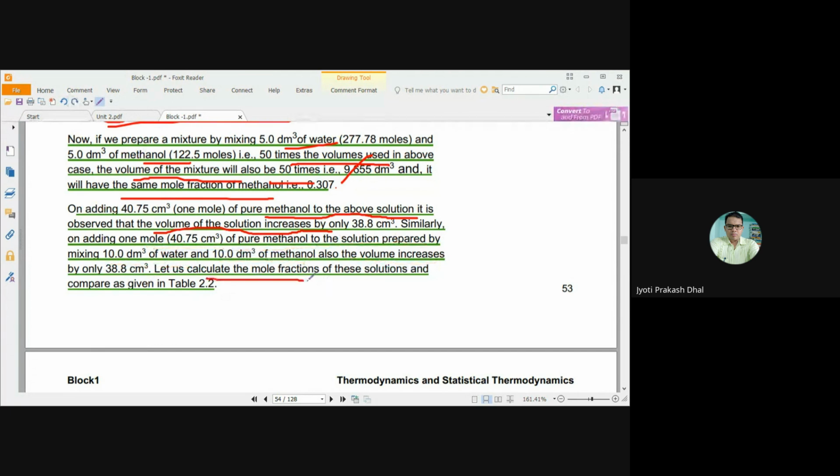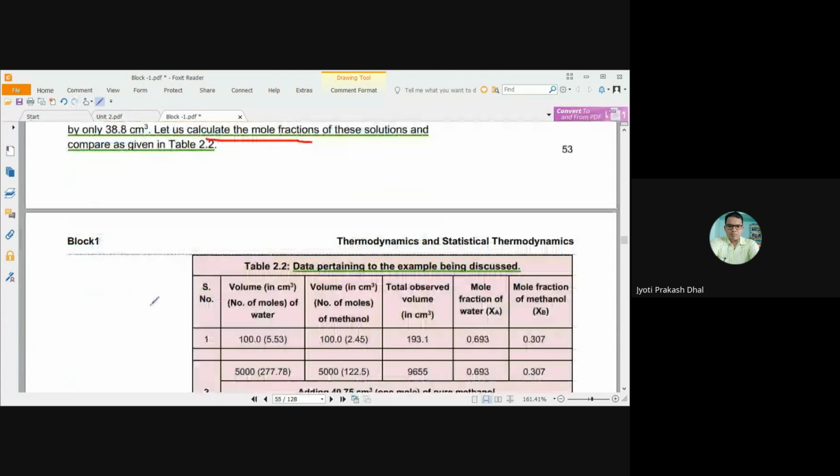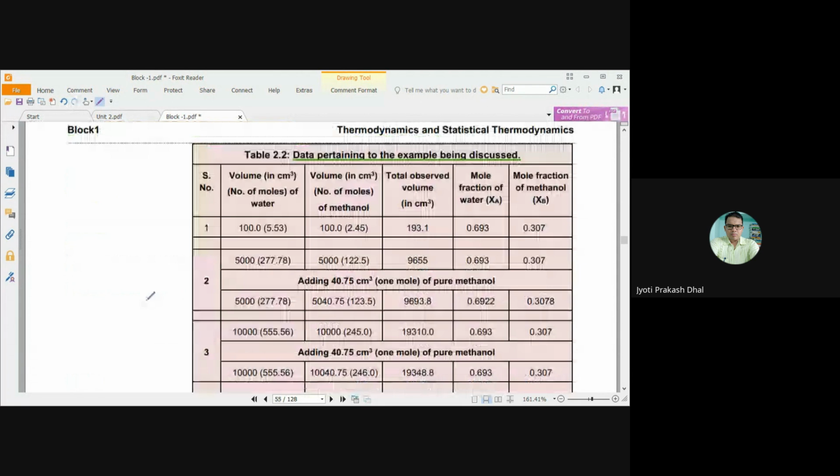So let us calculate the mole fraction of this solution, and that is compared in table number 2. So here is the data for calculating the mole fraction. In serial number 1 we have added 100 ml of water with 100 ml of methanol.